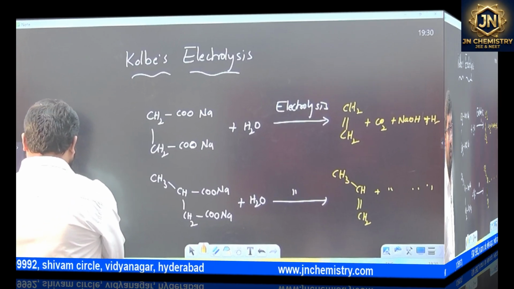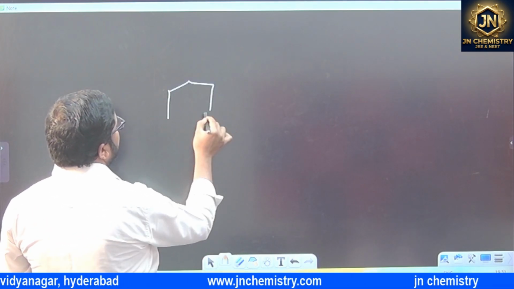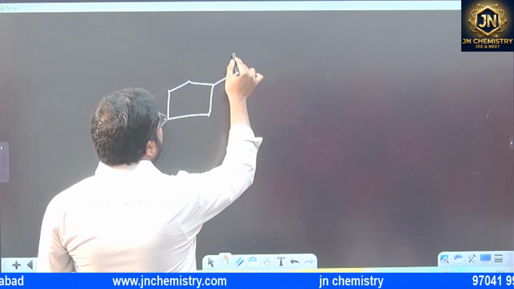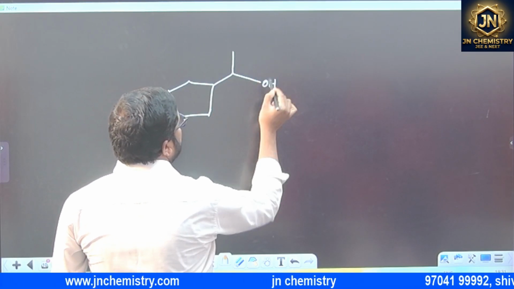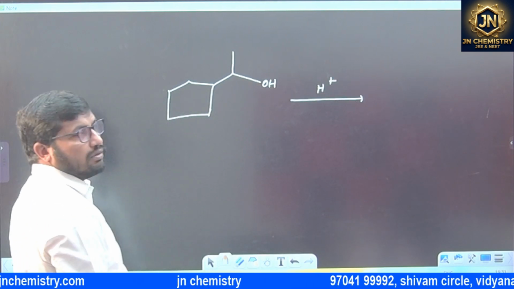Write these products in dehydration once again. Let me know, for example, here is the product, concentrated H plus. Write it down. Let me know the product.